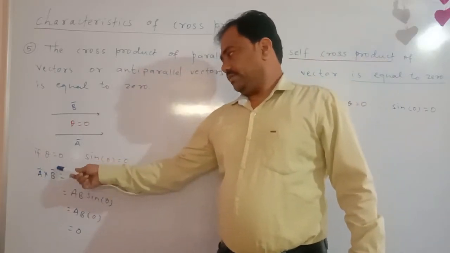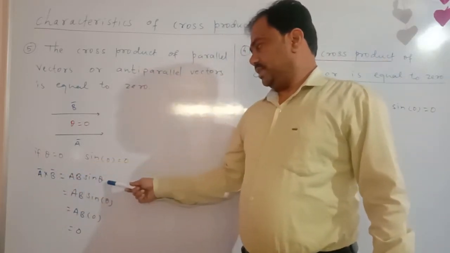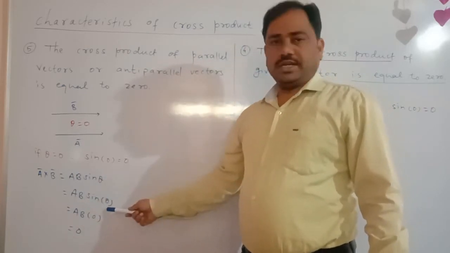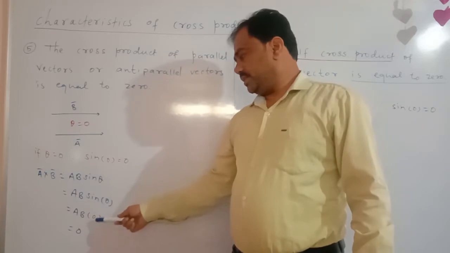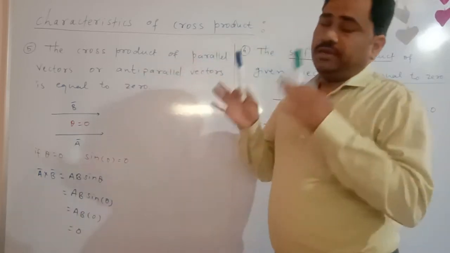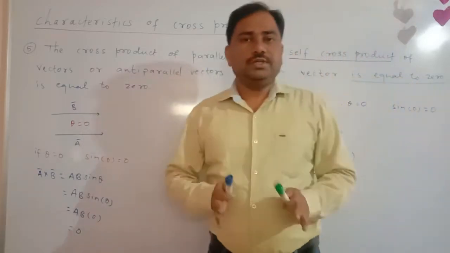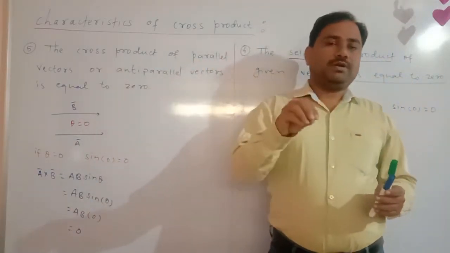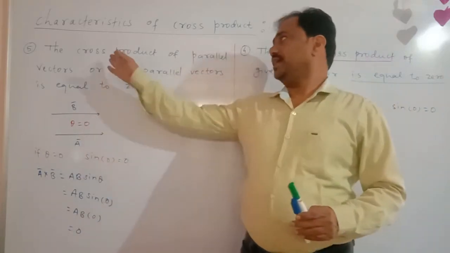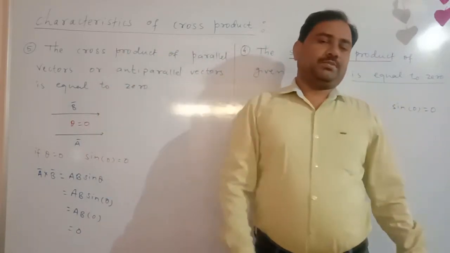Vector A cross vector B is equal to AB sine theta. Therefore instead of theta we write here 0. So sine 0 is equal to 0, and AB into 0 is equal to 0. It means if two vectors are parallel to each other, then the cross product of those two vectors is always equal to 0. So this is the characteristic of this cross product.